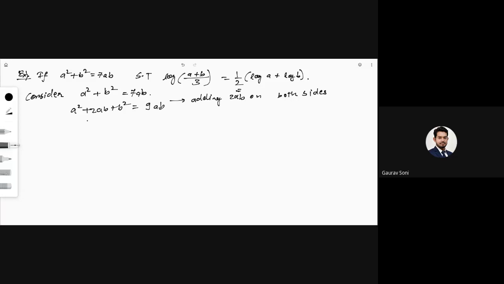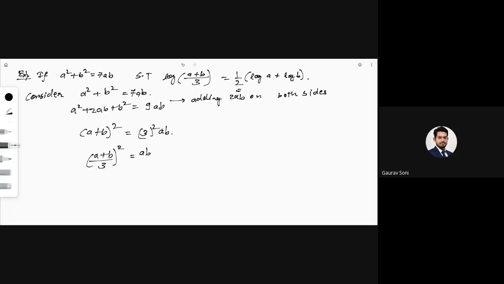Once I add 2ab, this is what I have got. Now a square plus 2ab plus b square is (a plus b) whole square, which is equal to 9ab. So (a plus b by 3) whole square is equal to ab.